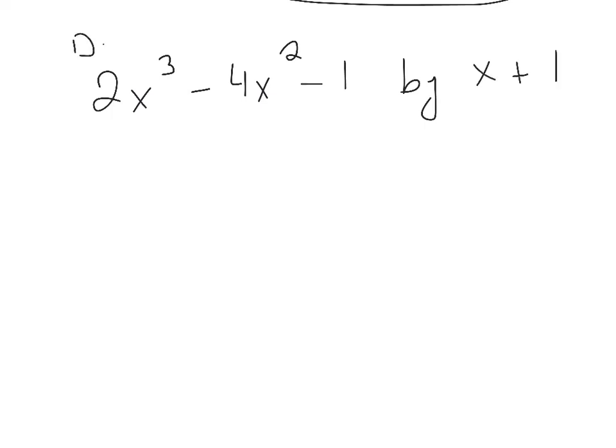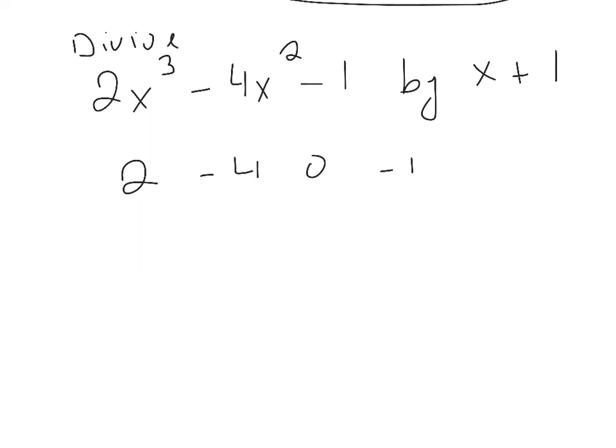So we will use synthetic division again. Okay, so 2x cubed minus 4x squared. Ooh, the x term is missing, which means 0x, minus 1. So 2, -4, 0, -1.